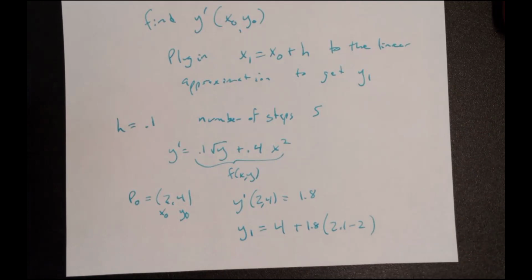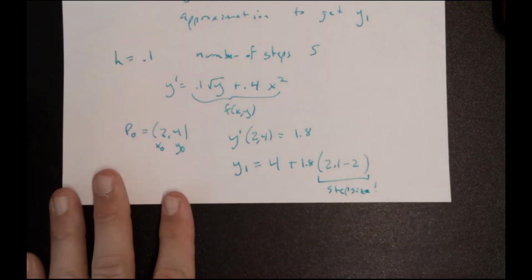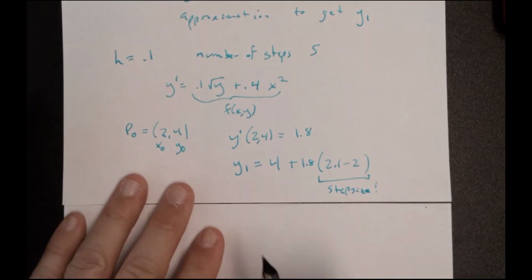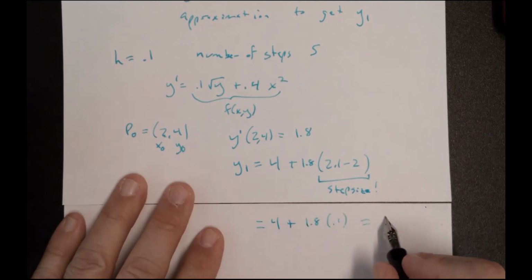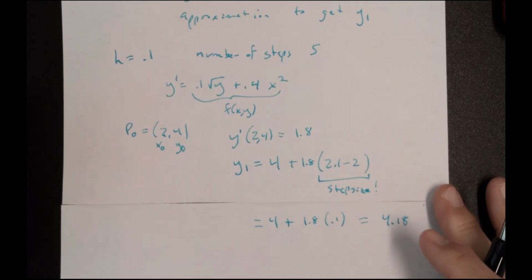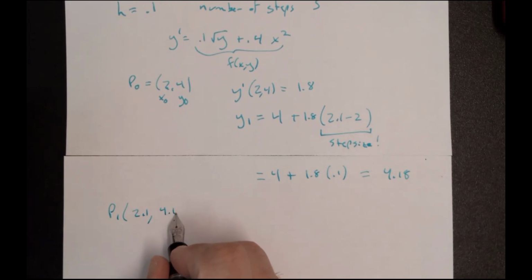I moved over by 0.1. Isn't that just 0.1 in there? That's my step size. As a matter of fact, this is always my step size. So I now know y1 is really 4 plus 1.8 times 0.1, which is 4.18. I have a new point. My new point, P1, is 2.1, 4.18.